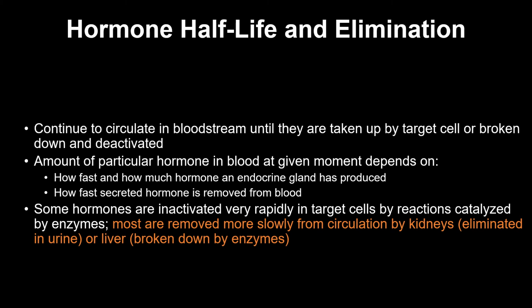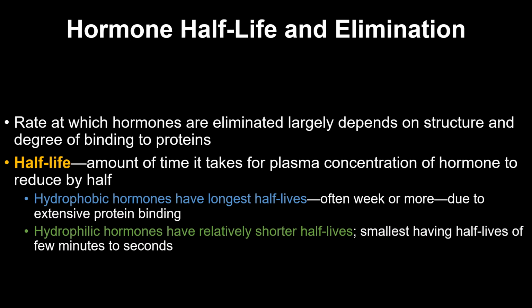And the rate really depends on the structure and the degree to which they're bound to those proteins. When we discuss a hormone's rate of elimination, we're talking about its half-life. The amount of time it takes for the plasma concentration of that hormone to reduce by 50%.